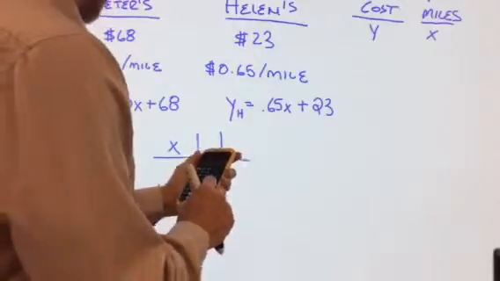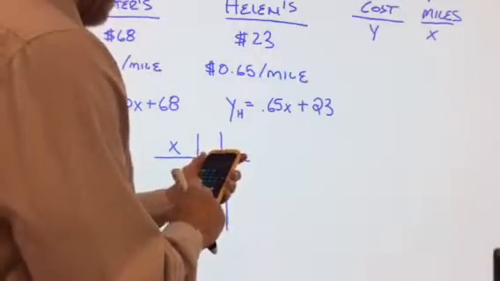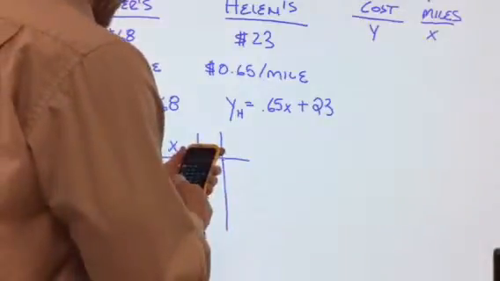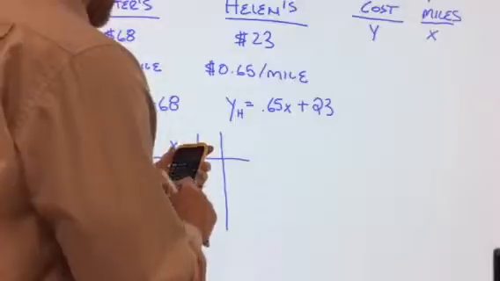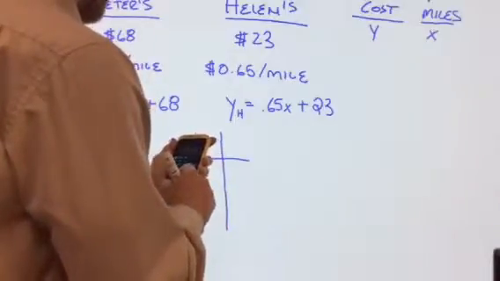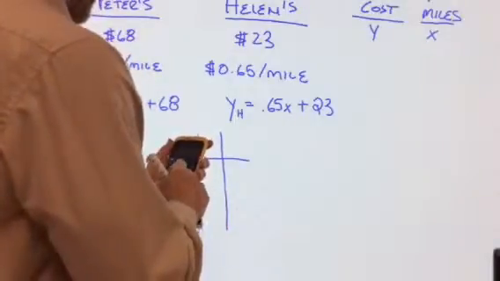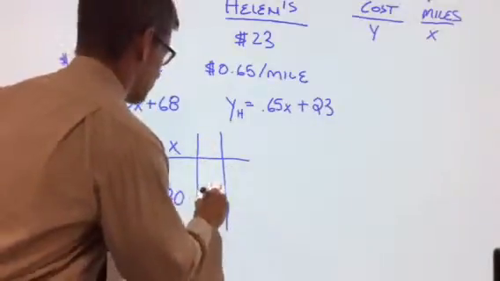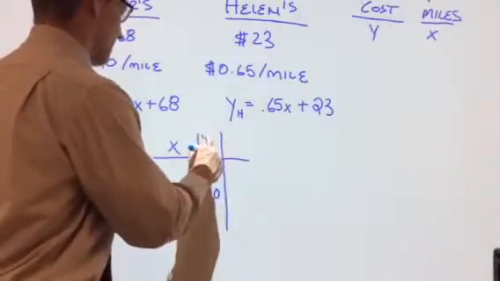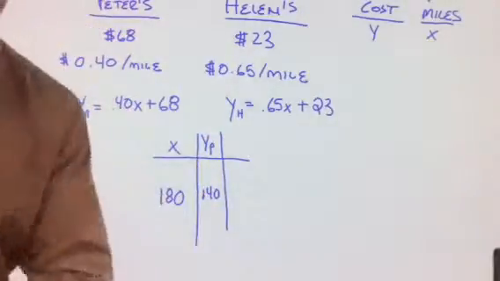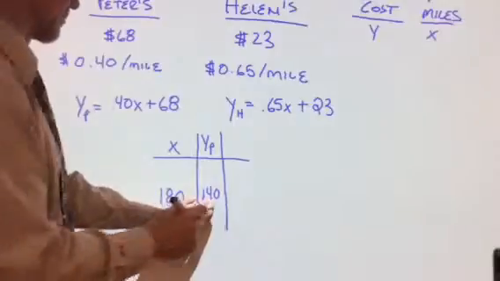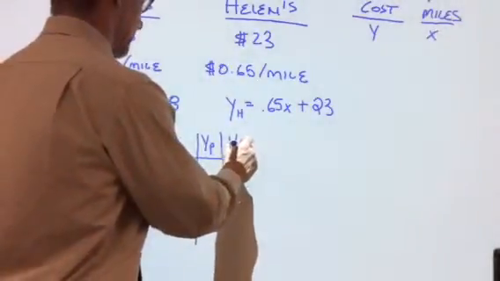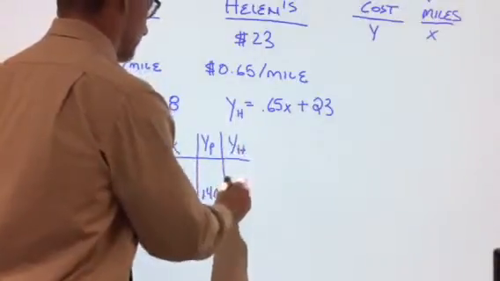It was 72 plus 68, right? 140, that's what I thought. So the cost for Peter's deliveries at 180 miles is $140. Once we solved them simultaneously, you got x. The cost for this delivery for Helen was $140.